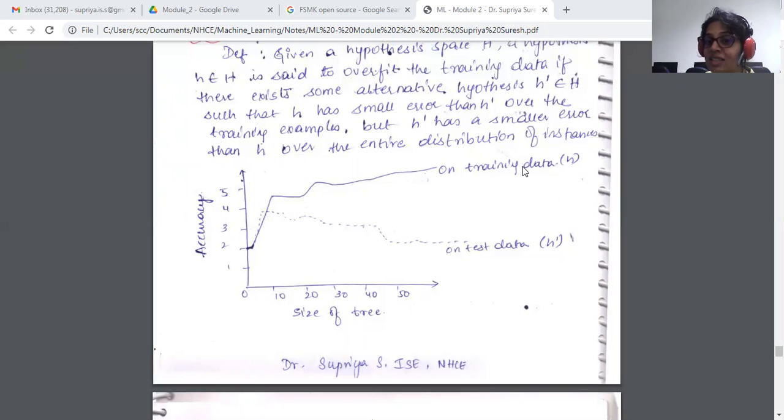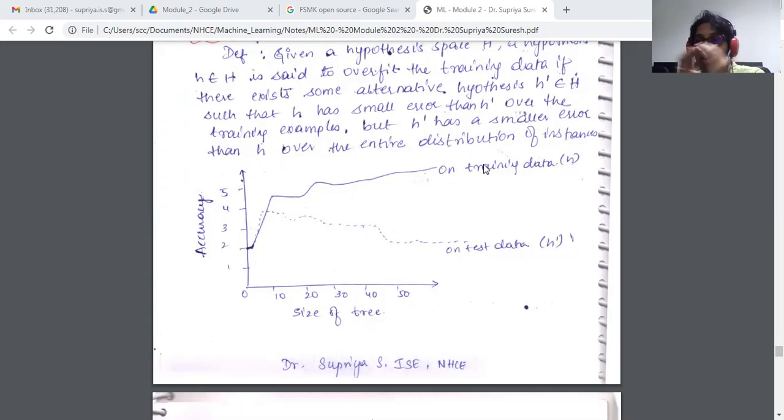What it is considering is that with respect to the training data, the error is very small. The specification itself is like that. It is telling us that the error on the training data is very small compared to H dash, because it only considers the error on the small chunk of training data that it has.